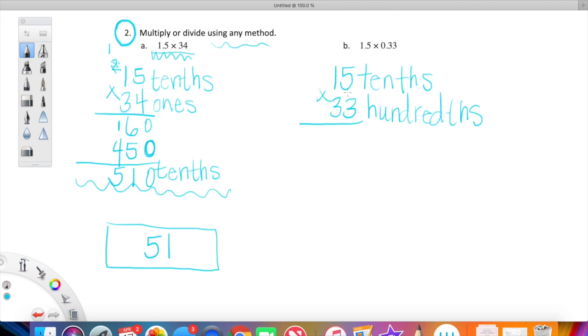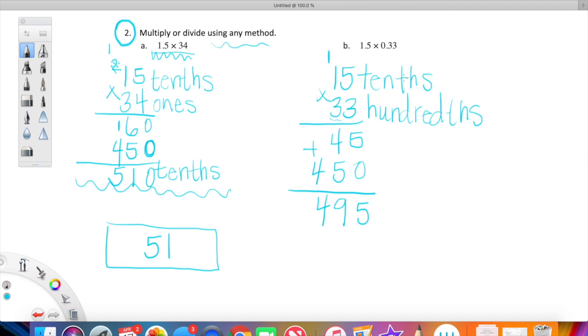We'll multiply these numbers through, and then we'll consider our units. 3 times 5 is 15. 3 times 1 is 3, plus 1 is 4. 0, because this is a 30. 3 times 5 again is 15. Carry our 1. 3 times 1 is 3, plus 1 is 4. Add up our partial products. We have 5, we have 9, we have 4.